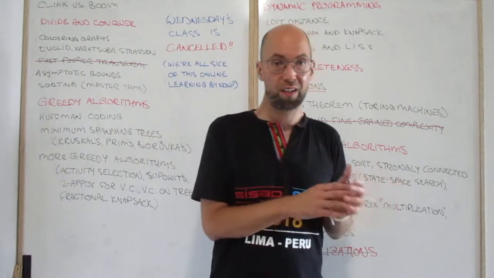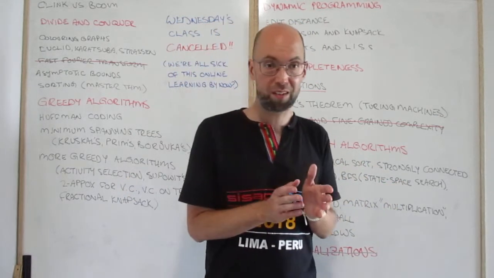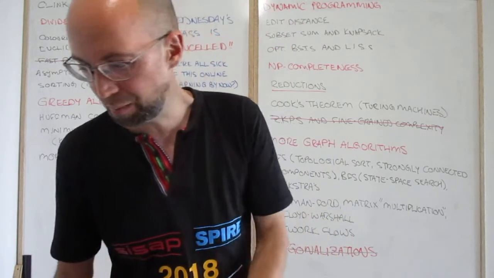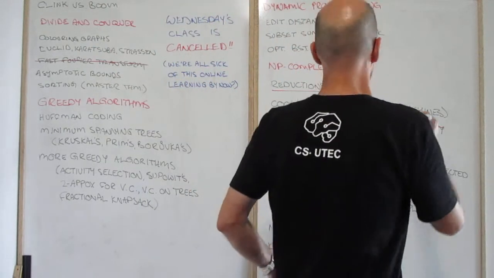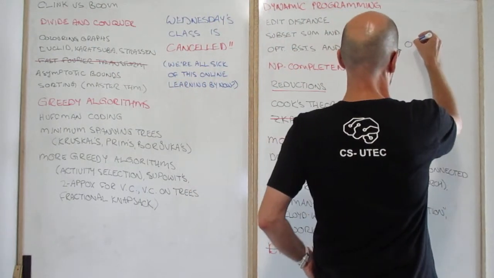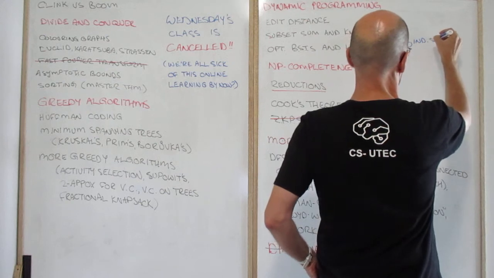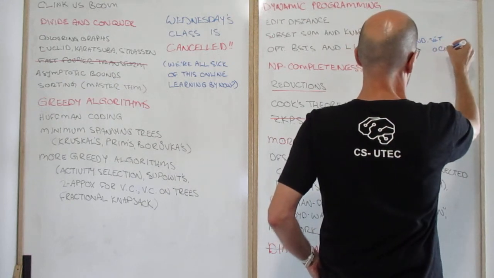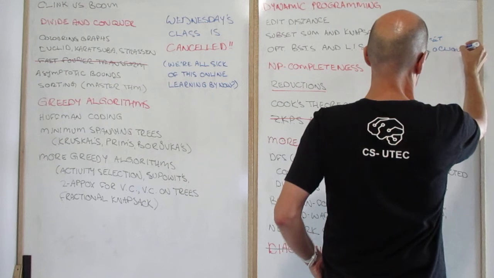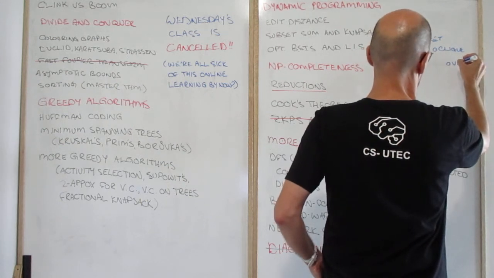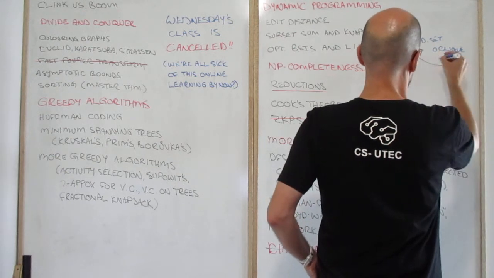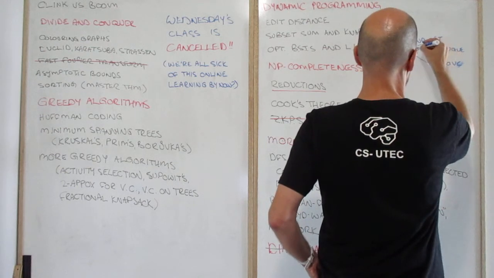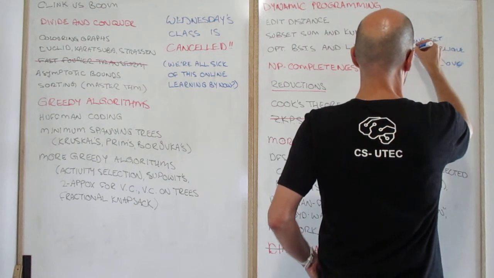Okay? So we did lots of reductions, ranging from the very simple, so reducing independent set to clique and vice versa, and vertex cover to independent set. I'm going to use a different color, blue. We had independent set and clique and vertex cover. Let me see. So these two are easy and these two are easy.